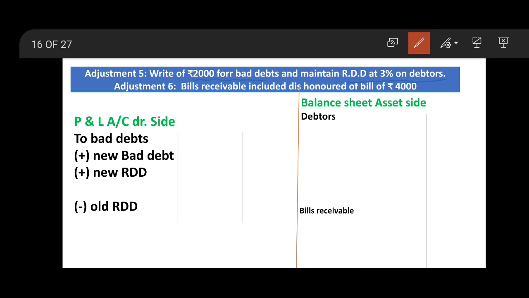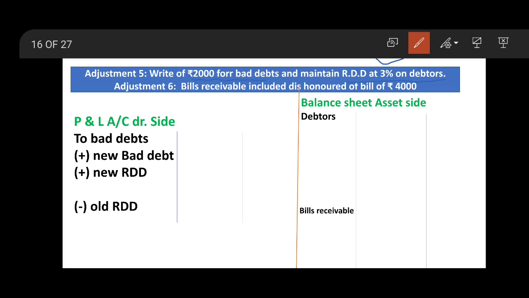RDD 3% on debtors, new RDD. And the 6th adjustment says bills receivable includes dishonoured bill rupees 4,000. The bill is dishonoured. Bills receivable we already have in the balance sheet asset side. So this dishonoured bill will be deducted from bills receivable.